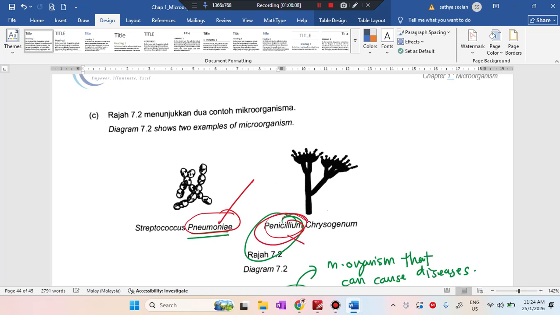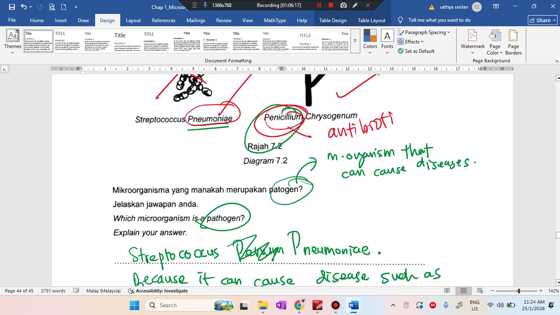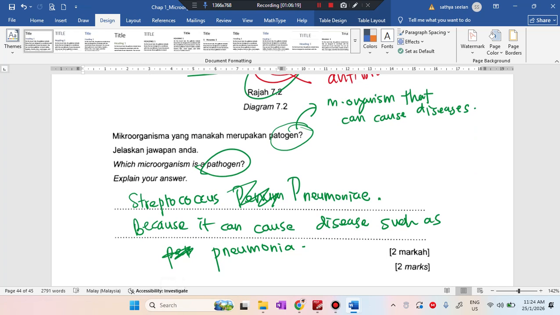But this penicillium, remember penicillin? This one is used to make antibiotics. That means this is good, this is bad, right? So, Streptococcus pneumoniae, because it can cause disease such as pneumonia. And what is a pathogen? Pathogen means a microorganism that can cause disease.